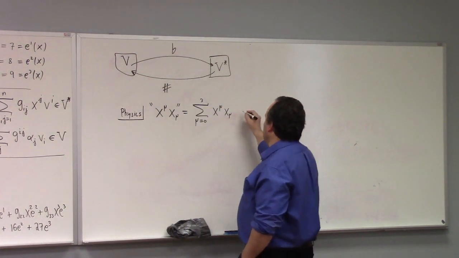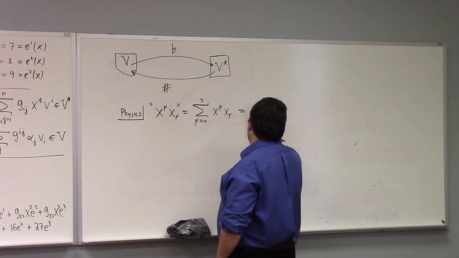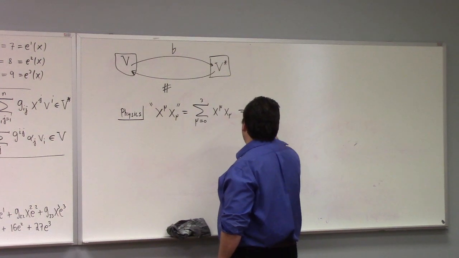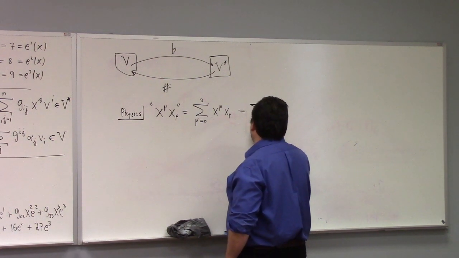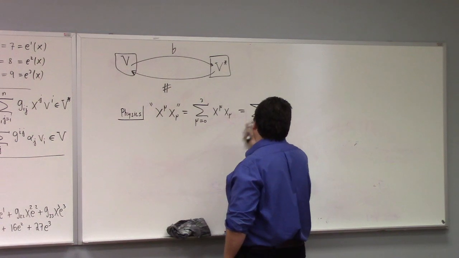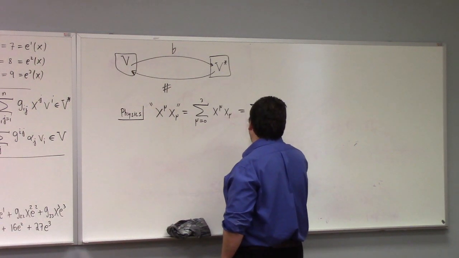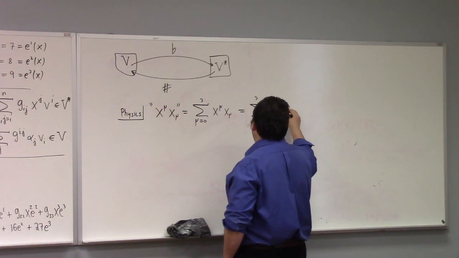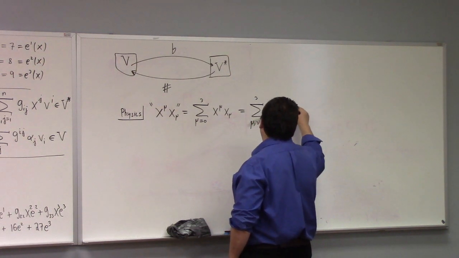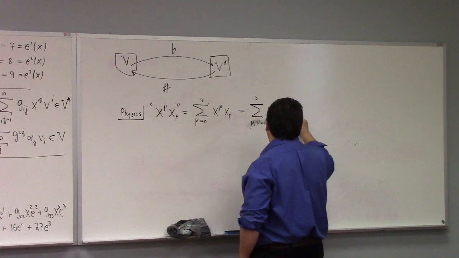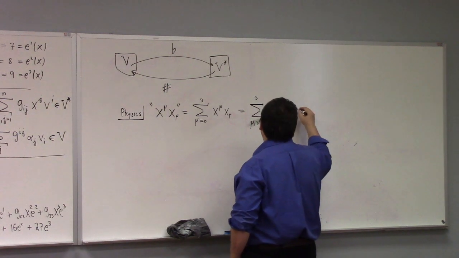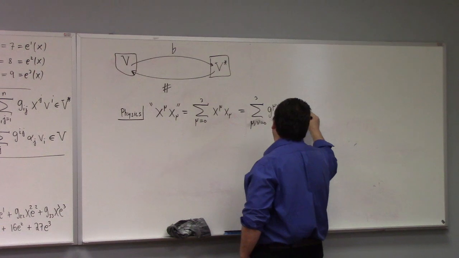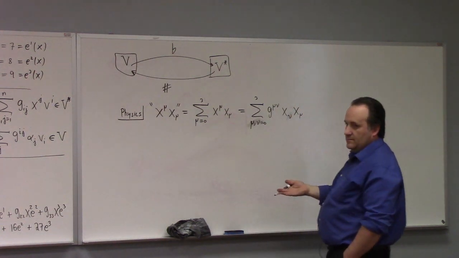And what this means, though, is actually, there's two different ways to look at it. You, on the one hand, could look at it like this. Could look at it like that.